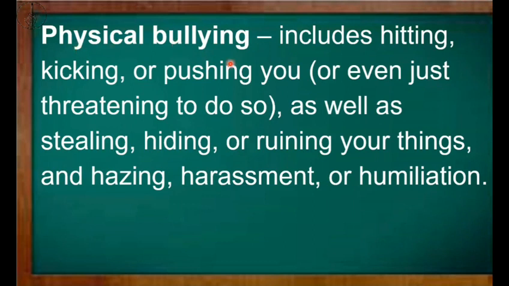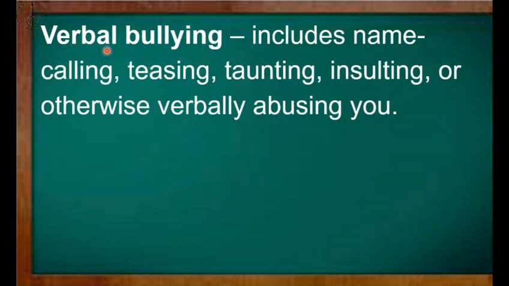Under physical bullying, it includes hitting, kicking, or pushing you, or even just threatening to do so, as well as stealing, hiding, or ruining your things, and hazing, harassment, or humiliation. Under verbal bullying, it includes name calling, teasing, taunting, insulting, or otherwise verbally abusing you.